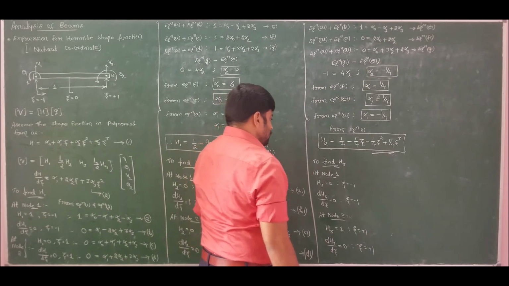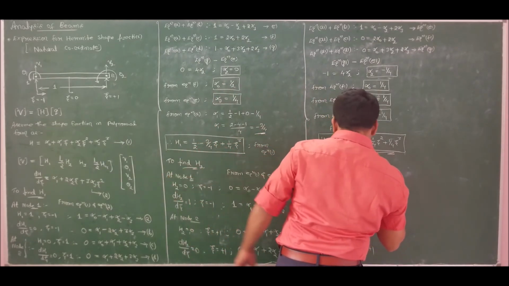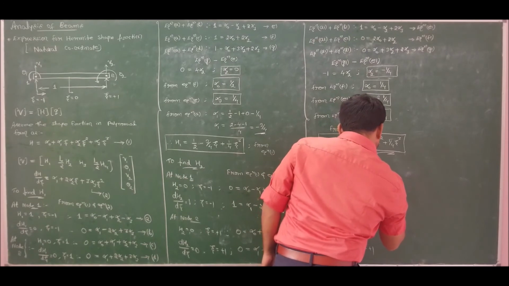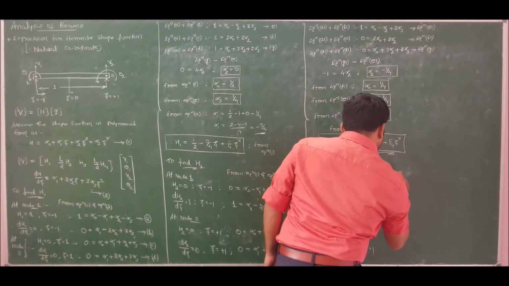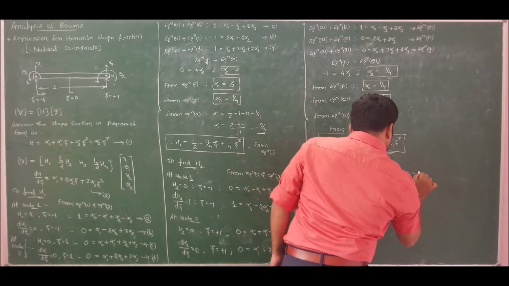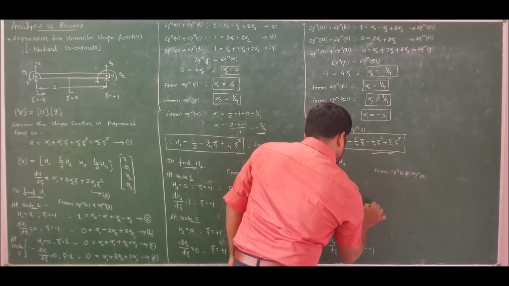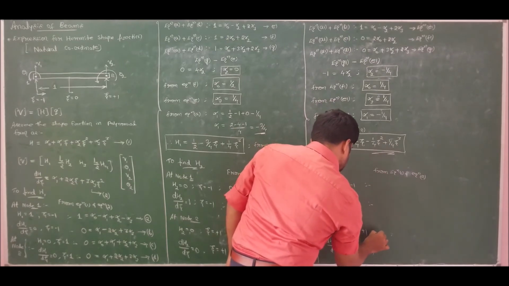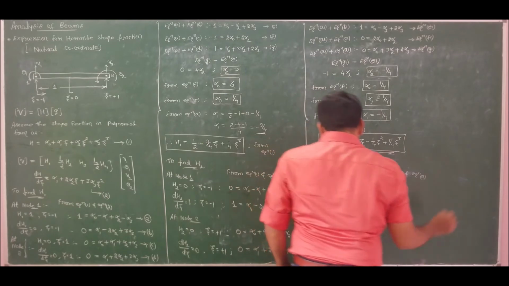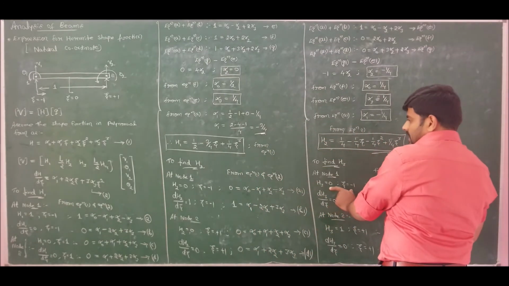So substitute this from equation 1 and 2. So from equation 1 and equation 2, we will get, since I want h from equation 1, it is 0, zeta is minus 1.